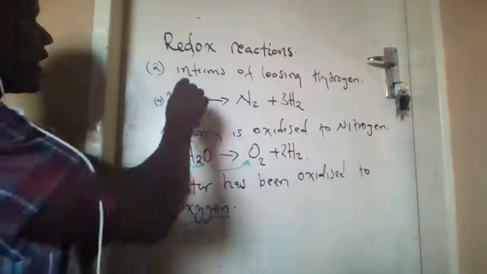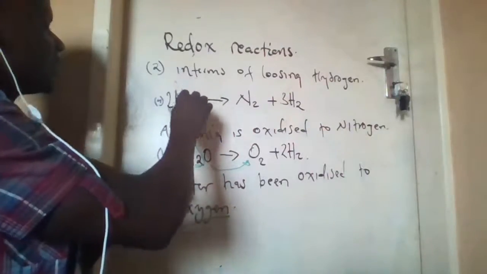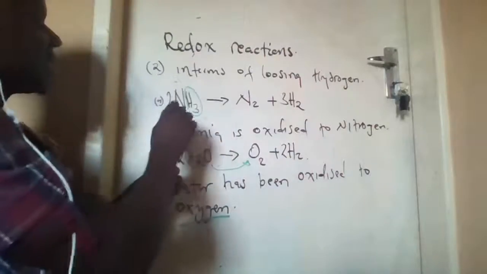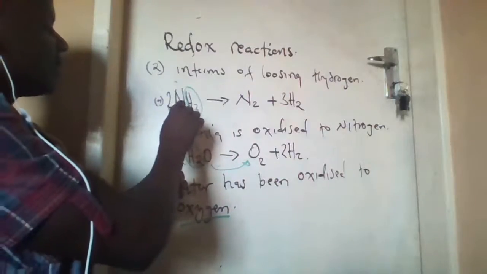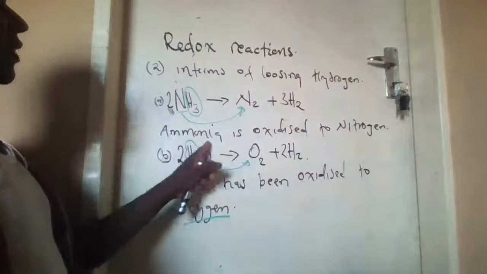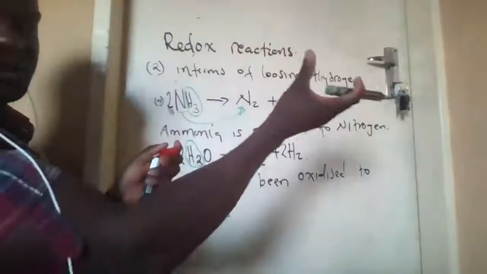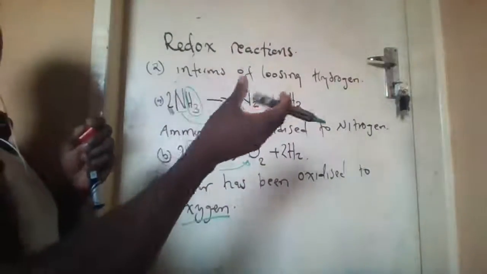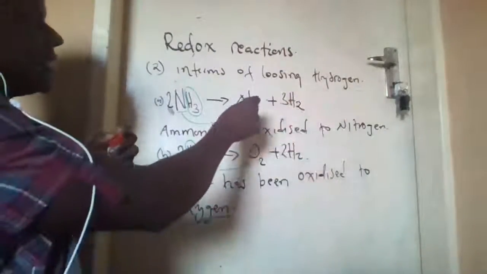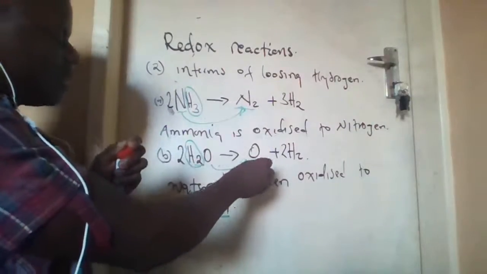Like here, we have the ammonia, but the ones being lost are these hydrogen atoms. So once they are lost, what we are remaining with is nitrogen. That's the reason why I said ammonia is being oxidized to nitrogen. Here we remain with nitrogen, here we are remaining with oxygen.